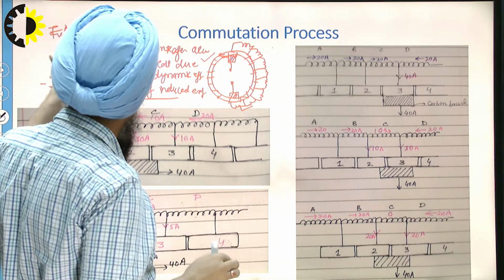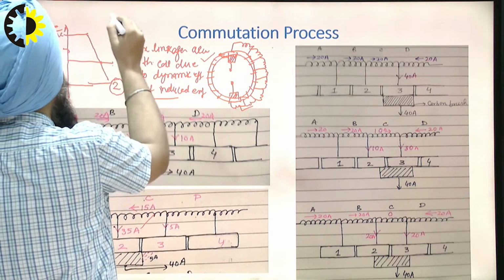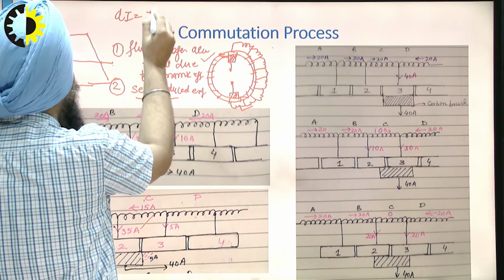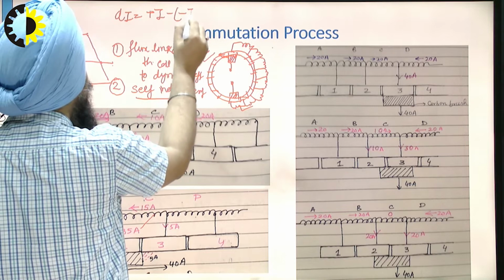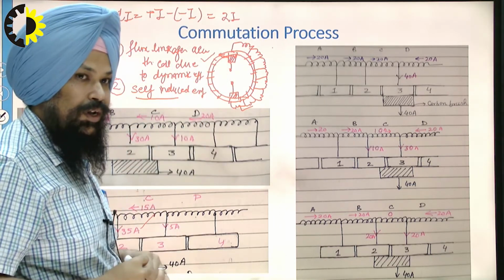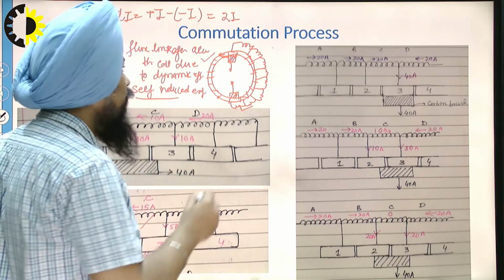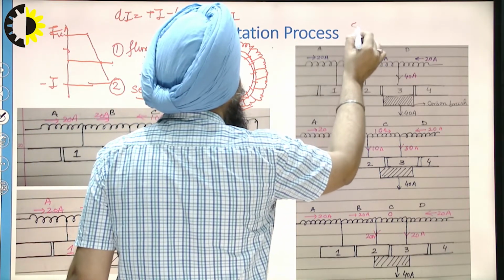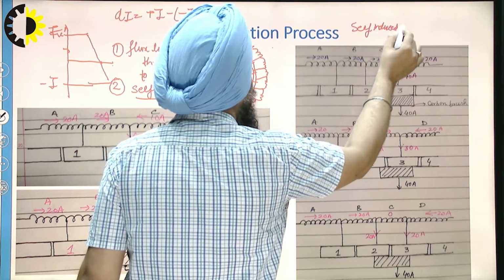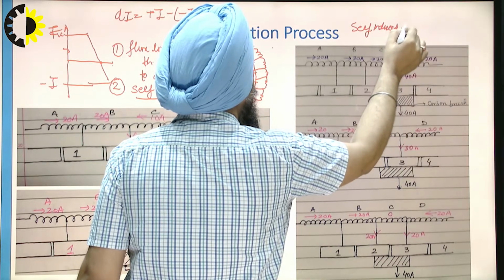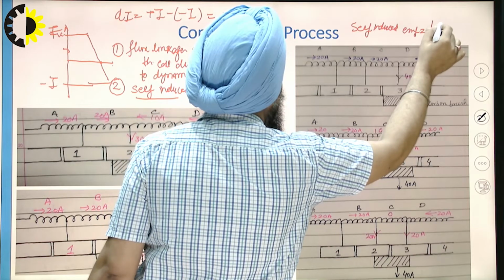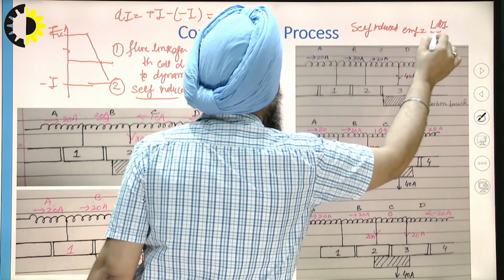But what will happen due to this change in current? The total change in current is di equals plus I minus of minus I, which becomes 2I. This is the total change in the current, and due to that, we have the self-induced EMF in the coil, given by L di by dt.